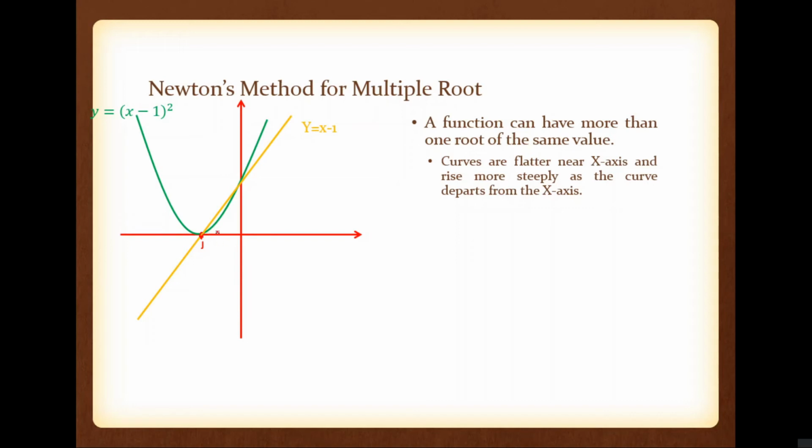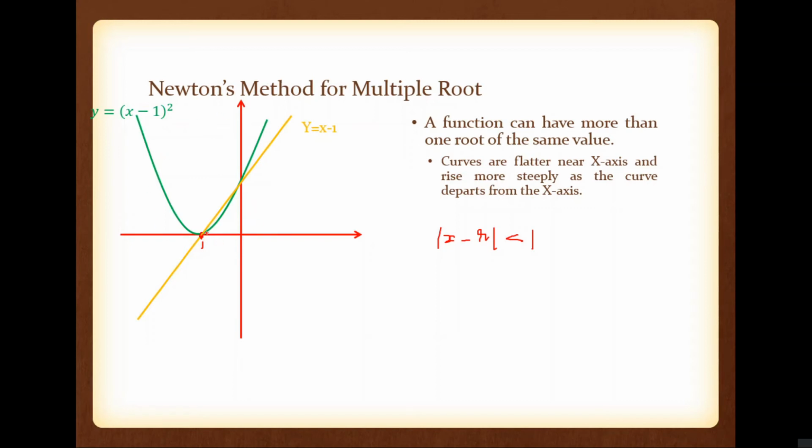But in this region, the slope of x minus 1 square is less than that of x minus 1 if the magnitude of x minus r is less than 1. Means if it has a multiple root, the slope is less than in the single root case.